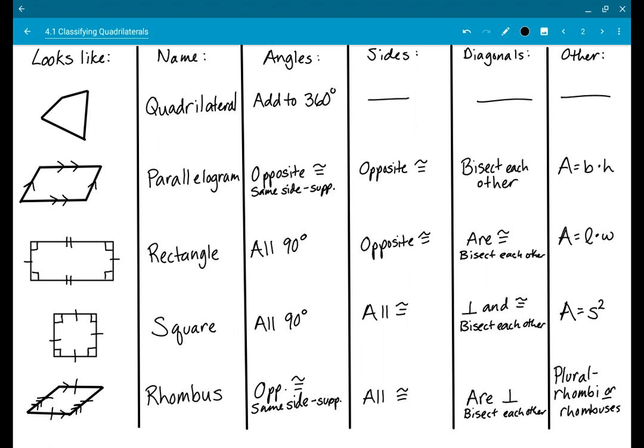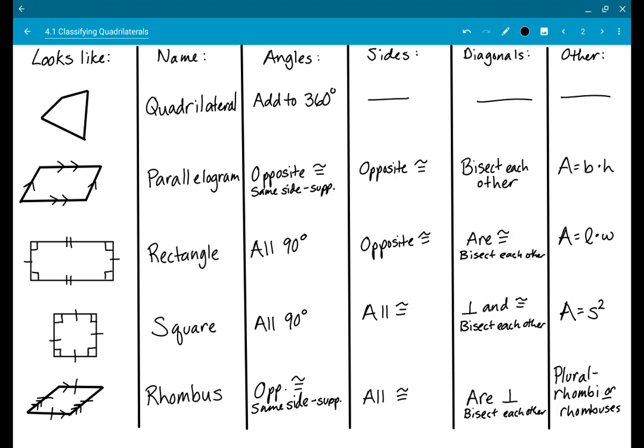But a square also has another special property that makes it special, and that's that the sides are all the same. Again, this is a review, but it might interest you to know that a square is also not just a rectangle, but also a type of rhombus, since a rhombus is just a parallelogram that has four congruent sides. So a square is kind of special. It fits into two different categories.